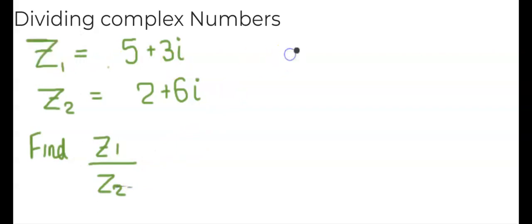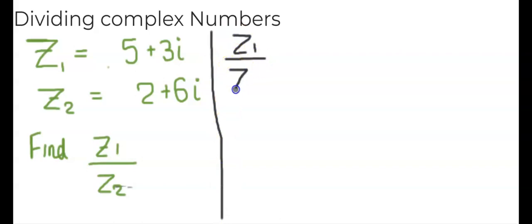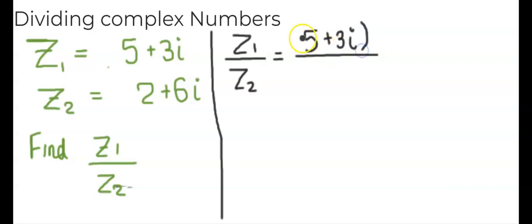First thing we need to do is put the numbers together. So I have z1 divided by z2. z1 is 5 plus 3i, and put brackets, and that is 2 plus 6i.